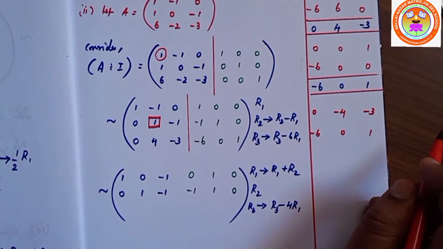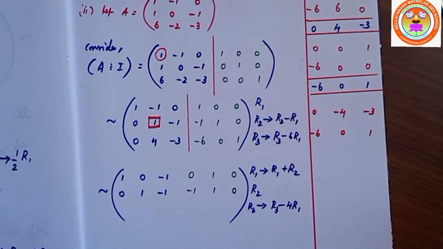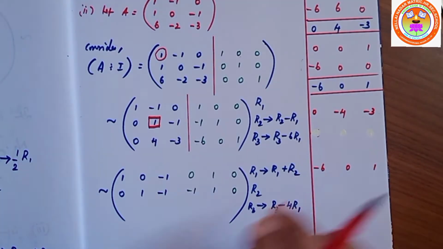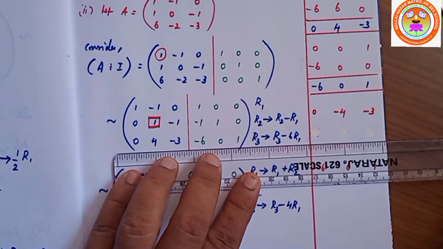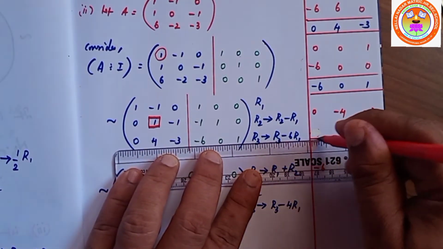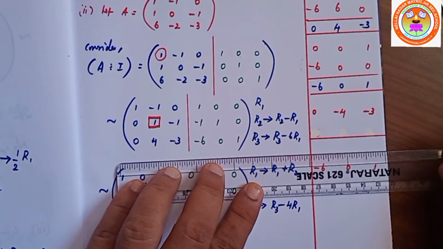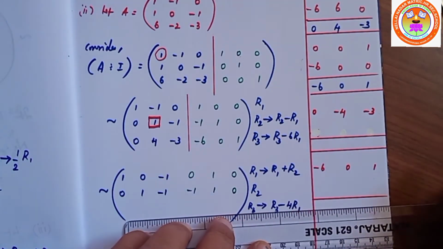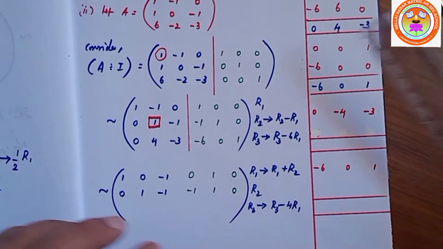Okay. Minus 6 0 1. Here I write minus 6 0 1 here. Now, okay, what is here?